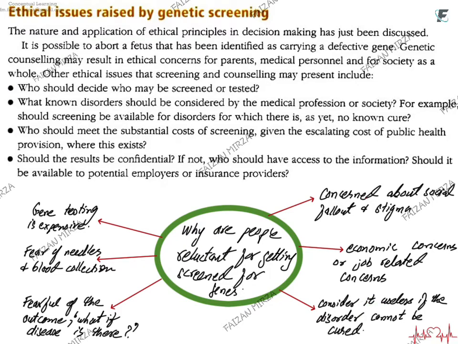The person knows that there actually is no cure for Huntington, since it's a dominant disorder. So even gene therapy cannot work there. So these are the reasons why gene therapy is not very successful in many cases, because genetic screening cannot be performed, and many people are afraid of genetic screening. Obviously, unless genetic screening is carried out, you cannot go further.